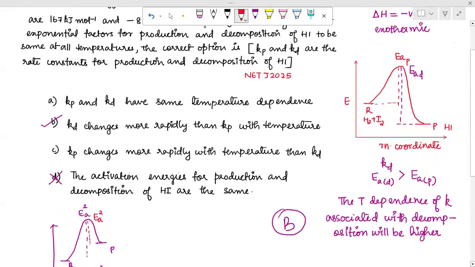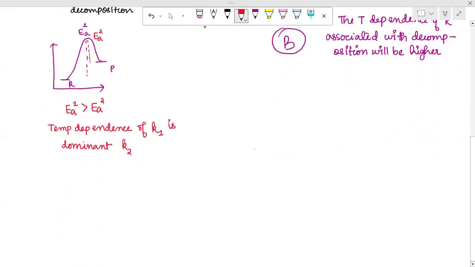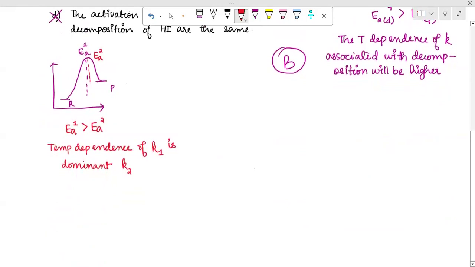Now there is another approach as well. For equilibrium processes, you have an equilibrium process over here where H2 plus I2 is becoming HI, and you have a production rate constant and a decomposition rate constant.